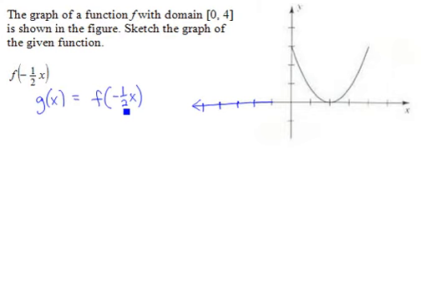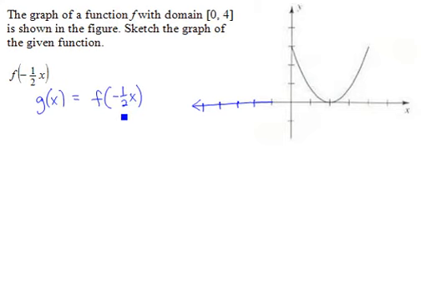So the x-axis is effectively reversed whenever we have a negative multiplier inside the argument of the function. Also, because the value of the multiplier is between 0 and 1 in absolute value, that is, it's just a fractional value, that's going to have the effect of stretching out the shape of the graph in the horizontal direction.